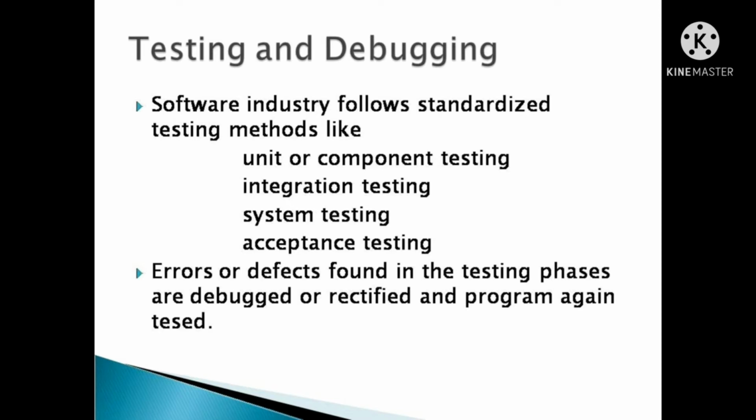The errors or defects found in the testing phases are debugged or rectified, and the program is again tested. Once the software application has been developed, tested, and delivered to the user, still problems in terms of functioning can come up and need to be resolved from time to time.